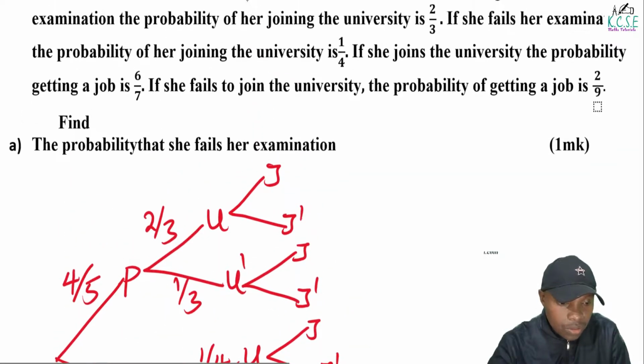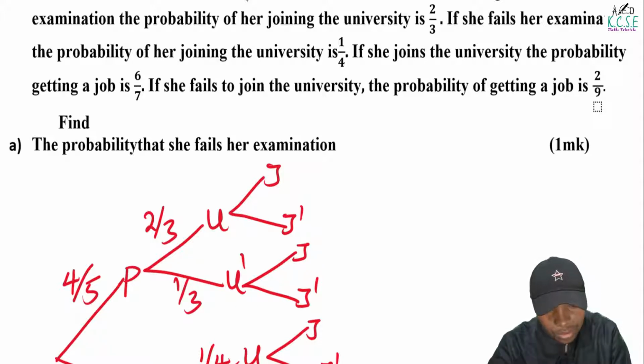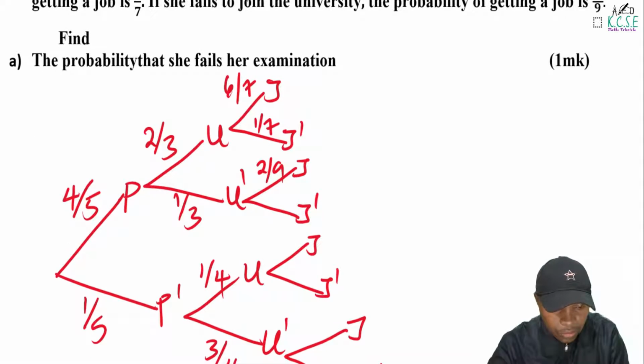So let's go to the statement. If she joins the university, the probability of getting a job is 6/7. So this is the branch for joining, and the probability of getting a job is 6/7. Automatically the other one will be 1/7, not getting the job. Then if she fails to join the university, this is U prime, the probability of getting a job is 2/9, and the other one will be 7/9.